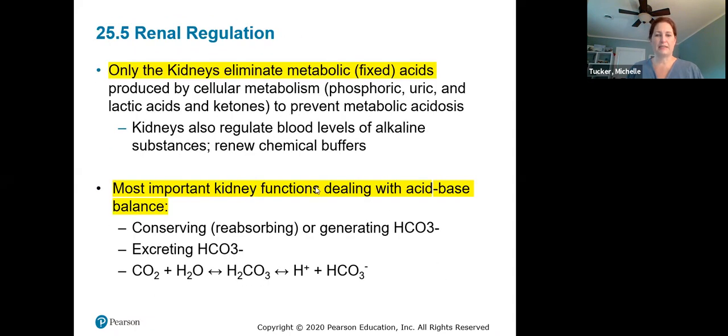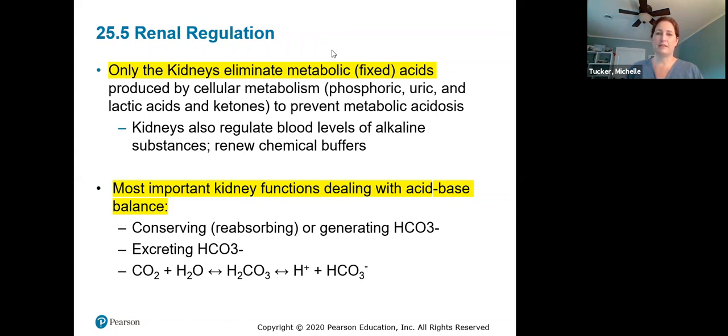The kidneys have two very important functions regarding acid-base balance. One is that active secretion of hydrogen ions is possible. The other, and probably the more important one, is to conserve or regenerate bicarbonate.